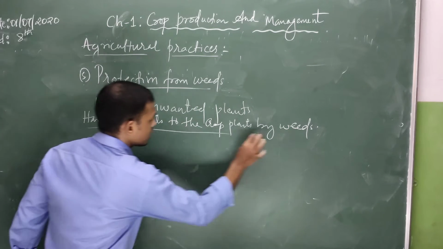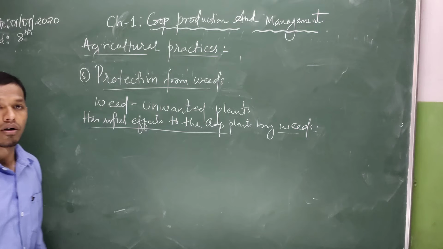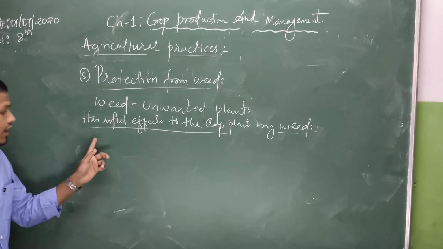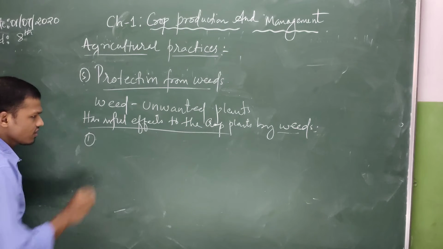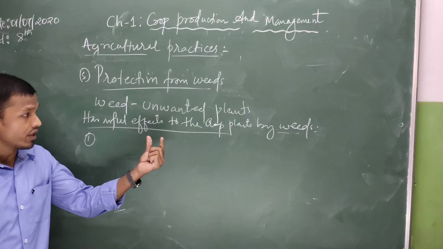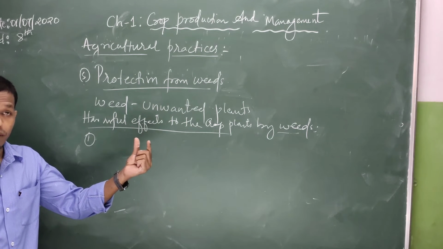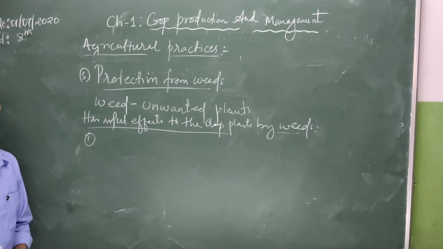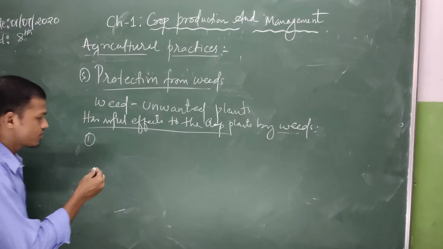We will study some of them. First, the weeds cause crowding. They require more space to grow.